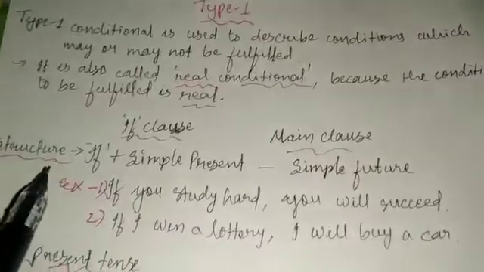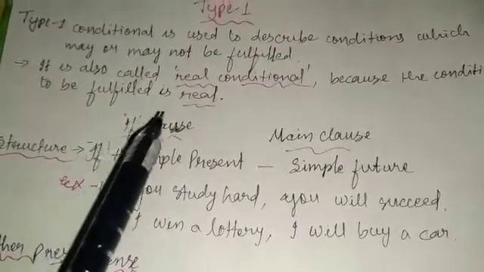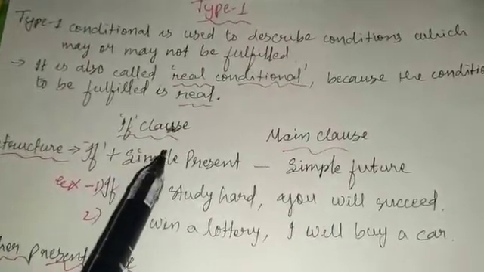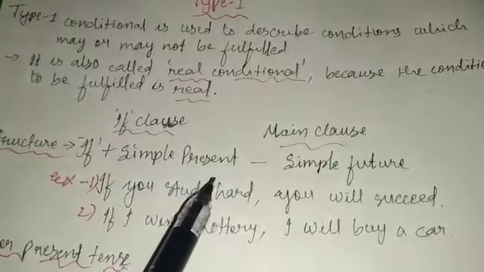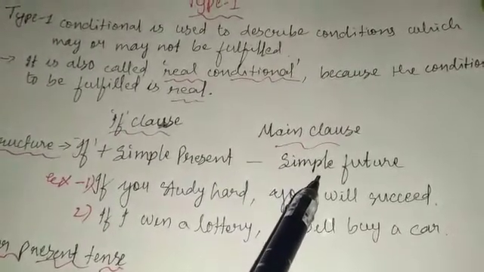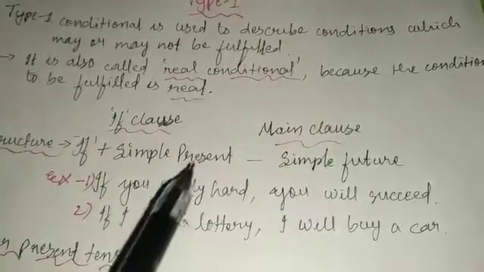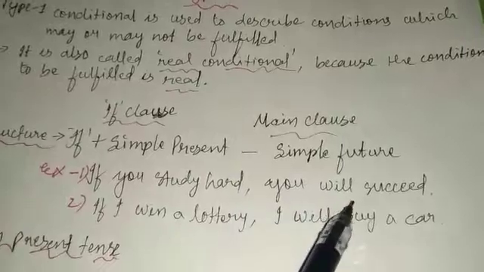Now let us discuss the structure of conditional sentence type 1. In the if clause, it will be if plus simple present, whereas in the main clause, the verb must be in simple future. Example: if you study hard, you will succeed.